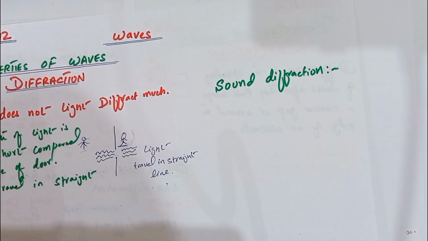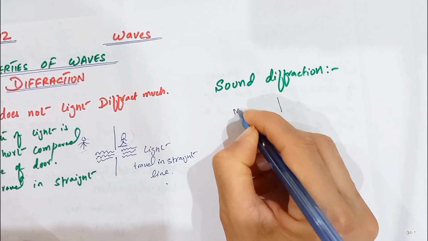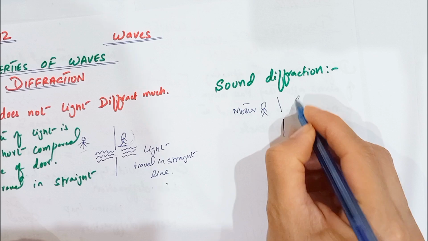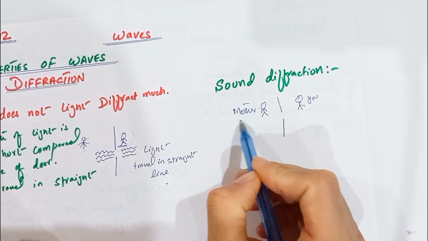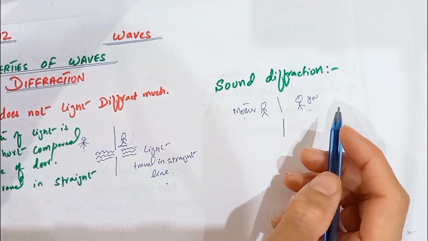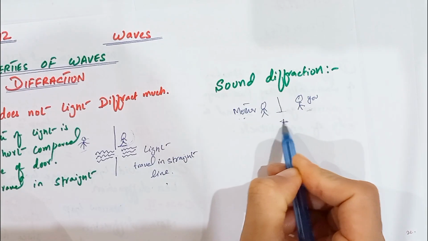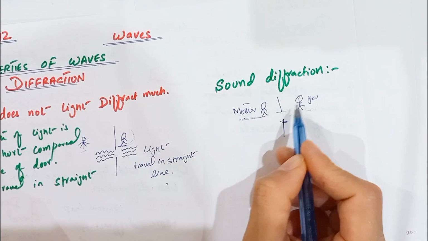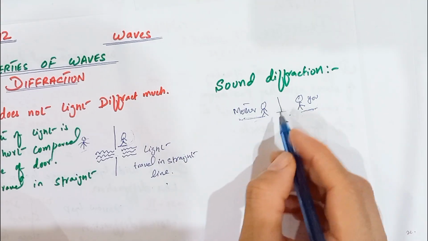Now we discuss sound diffraction. Here we take the example that your mother is calling you. The mother is in the kitchen and you are in the room. When the mother is in another room and the door is open, you cannot see her, but you can hear her voice. Why can you hear her voice? Because the sound reaches us.